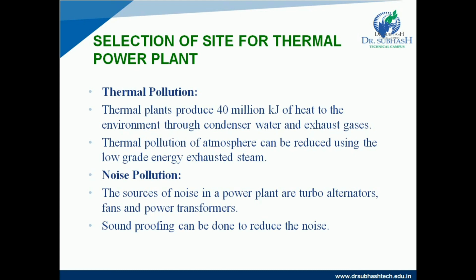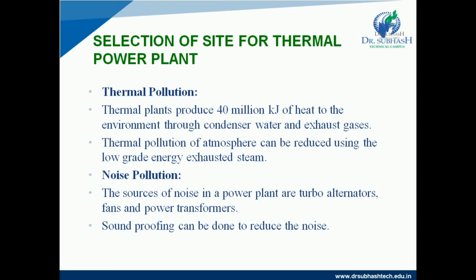It produces 40 million kilojoules of heat, which we definitely dispose into the atmosphere through the condenser water and exhaust gases. So this is the pollution, atmospheric pollution we can say. Thermal pollution of the atmosphere can be reduced using the low grade energy of exhaust steam.